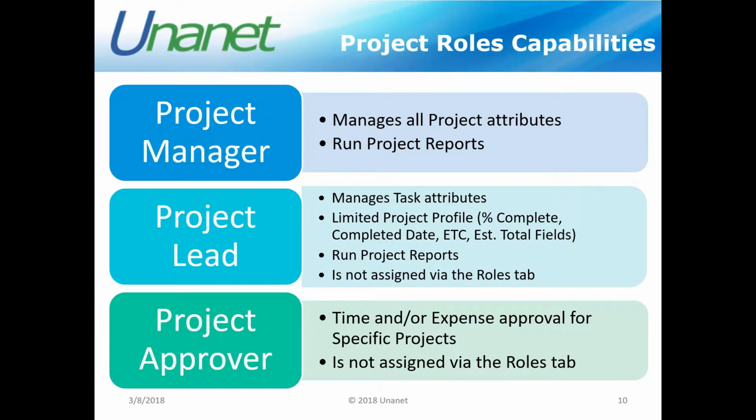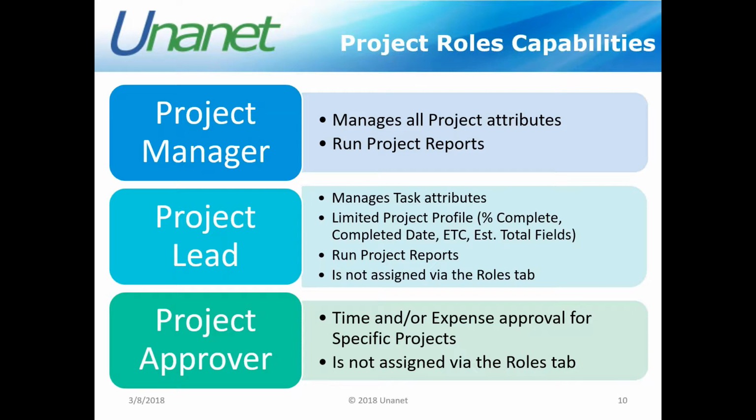From a project level perspective, they do have the capabilities to enter certain fields, like the % complete, the completed date, your estimated to completion, ETCs, and your estimated total fields. These are available to them to go ahead and update as well. That's for a project lead. They can go ahead and run project level reports as well.